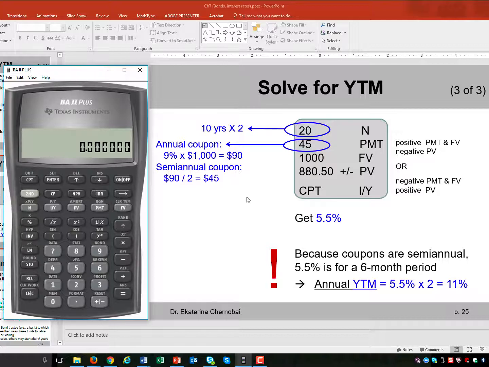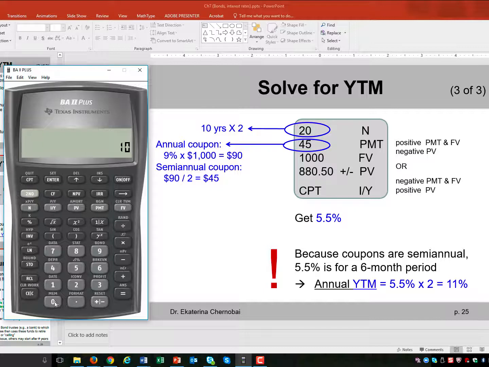So we need to solve for the yield to maturity, or IY, in the financial calculator. And we need to enter the number of coupons, which is 20. So 20N. Then the coupon amount itself, or the payment, PMT, is 45 PMT. Because I left it as positive, my $1,000 face value or the future value should also be positive.